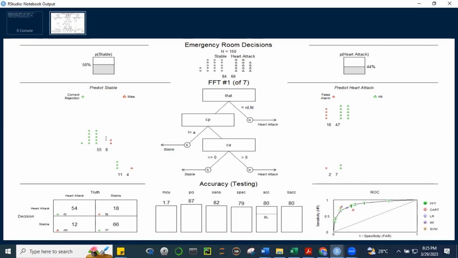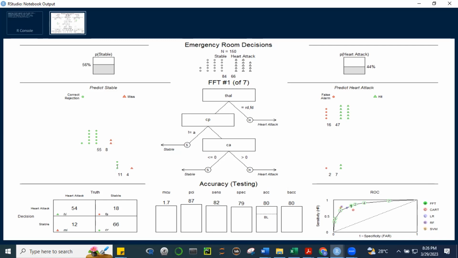Pag false kasi, yung truth, predict siya na stable, di ba? Itong 63 na to, predict to na stable. Pero yung 8 doon, hindi stable. Right? So may mali siyang prediction.